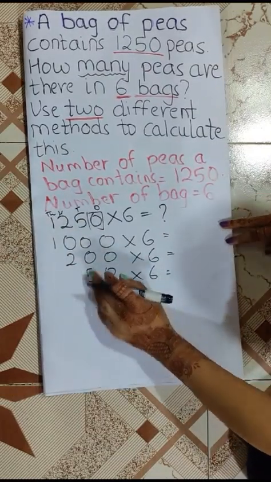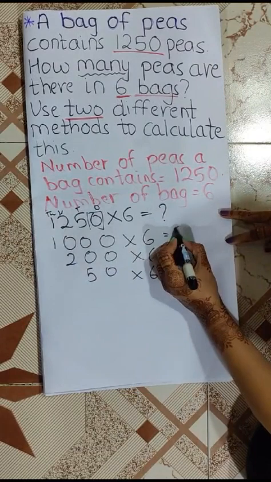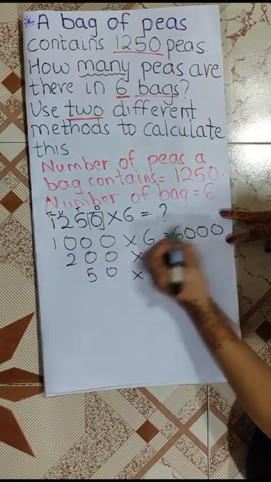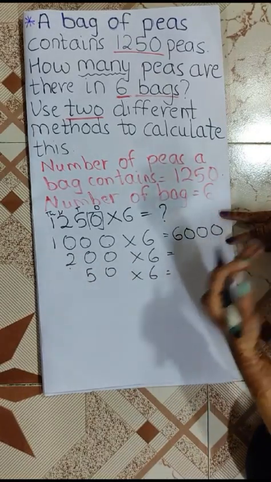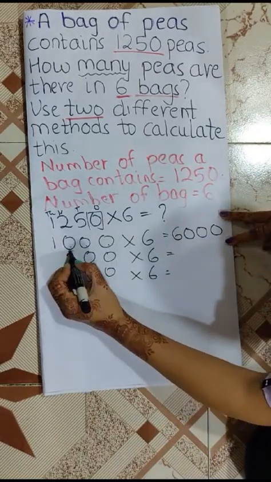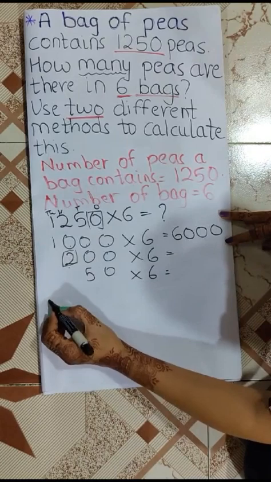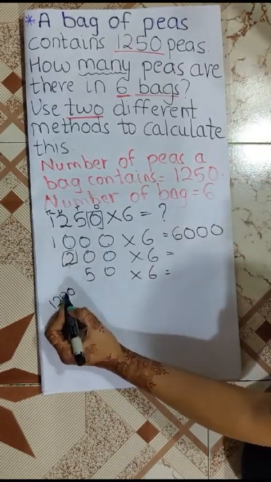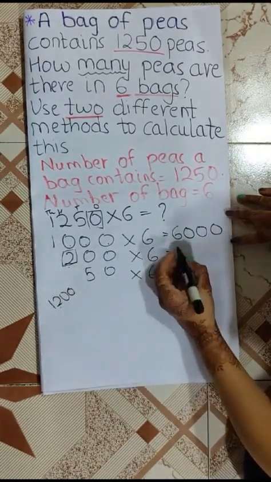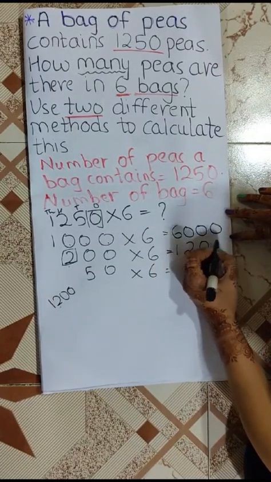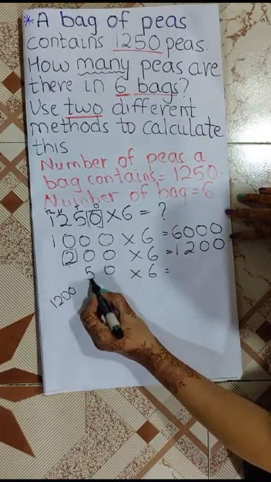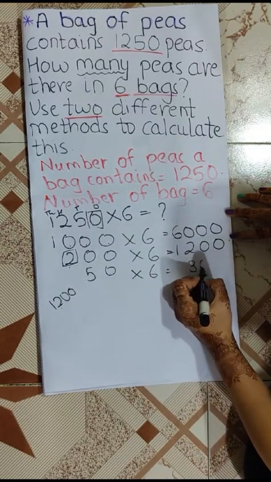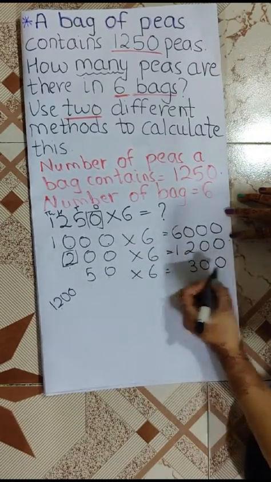Therefore 6 times 1 is 6, which becomes 6,000, 3 zeros. 6 times 2 is 12. Now since it will be 12, and I have 0 0, therefore it will become 1200.